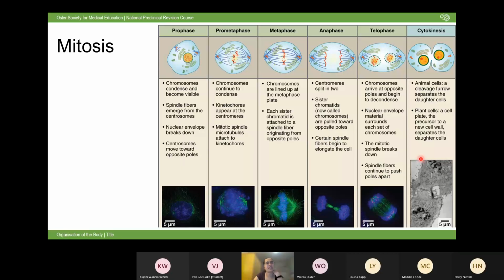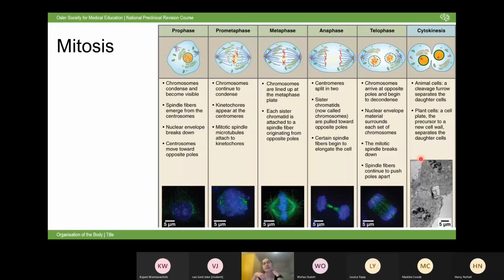So in prophase, we start by condensing all the chromosomes. So they start off in the very diffuse stage of chromatin, which won't be visible, but now they condense into the actual structure of chromosomes. And during this phase, the nuclear envelope around the nucleus breaks down, and the centrosomes move to opposite poles of the cell.